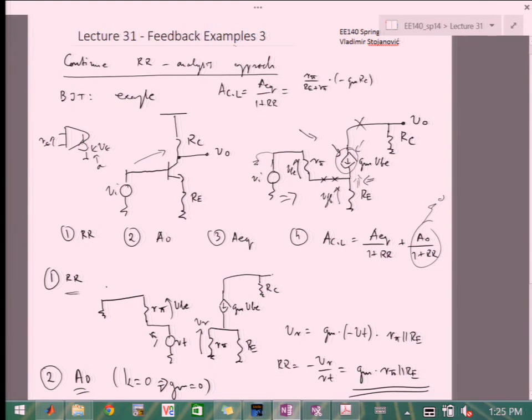That was our A equivalent. And then 1 plus GM R pi RE over R pi plus RE. This is the return ratio, 1 plus return ratio. And that is equal to minus beta 0 RC, because GM R pi is beta 0, over R pi plus RE times 1 plus beta 0. Okay.